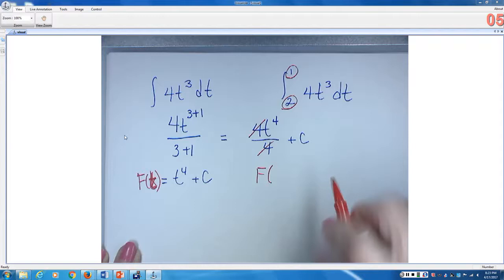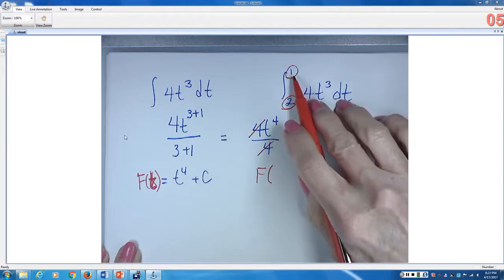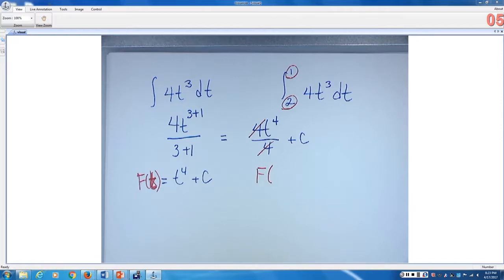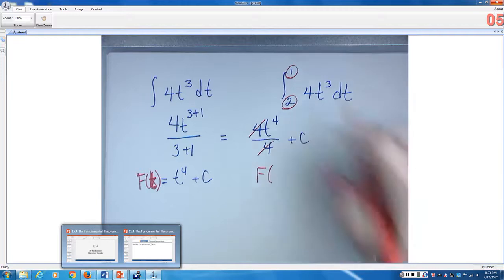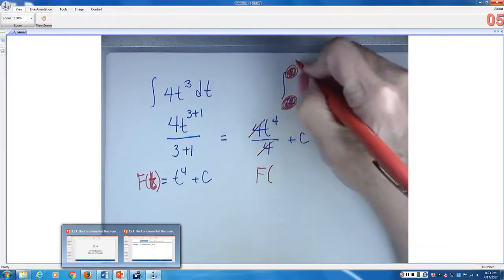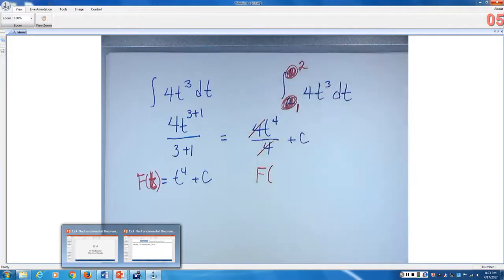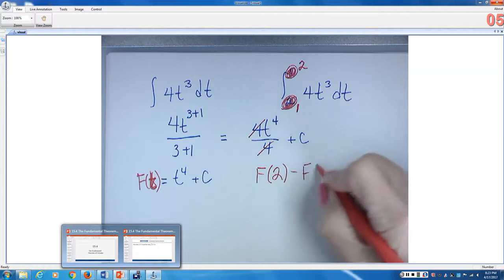F of the higher one is what you start with, so f of 1. Is that actually the way they did that? No, did I have it back? Okay, I have it backwards. Okay, then let's change that. I copied it down wrong. Should be 2 on top and 1 on the bottom. So we're going to take capital F of 2 minus capital F of 1.